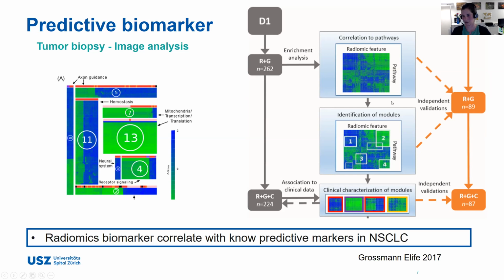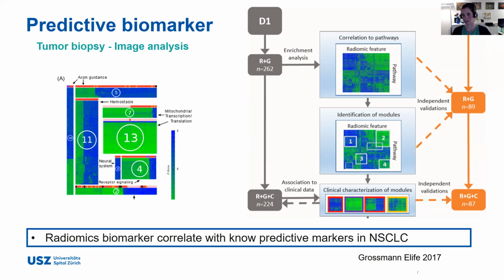And these clusters, which show the correlation between the molecular pathway and the radiomics features, were then correlated to the outcome of the patient and also to clinical characteristics of the patient. And they could show that certain clusters were, for example, looking at the cell cycle regulation. So each cluster was somehow correlated to a certain biological process.